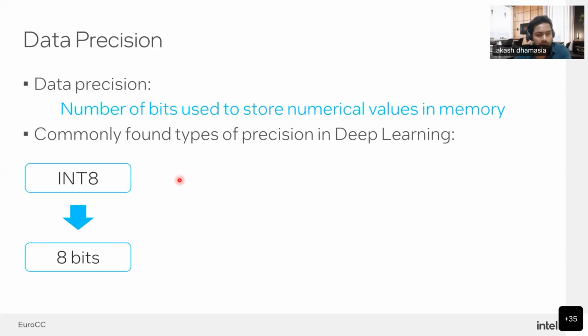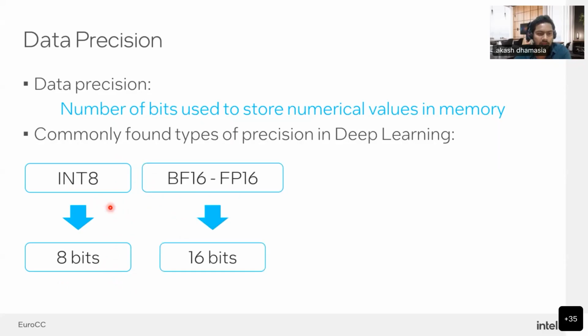So I'm going to list different types of data types in deep learning that a framework normally uses to store the values of neurons or weights. int8 is one of the famous data types which you can use to store the values, and int8 means it uses 8 binary bits to store your value in memory. There is another, BF16, which means brain float 16. It's another data type which uses 16 bits, and there is also floating point 16, which also uses 16 bits.